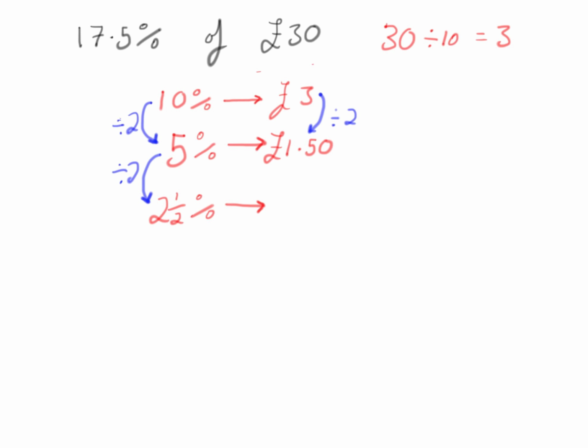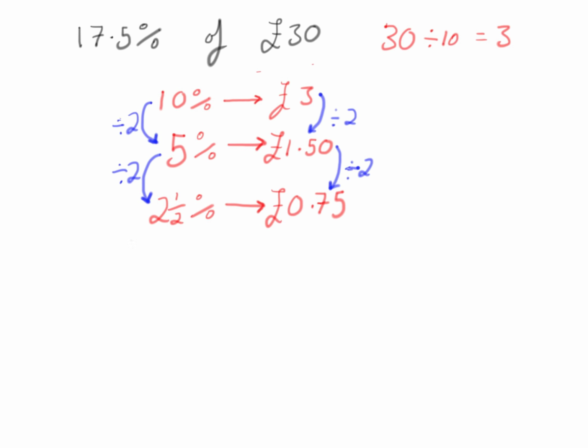So we can just halve our last amount that we found. Half of £1.50 is, and we'll keep this in pounds to make this easier to add up, 75 pence, or 0.75 pounds.